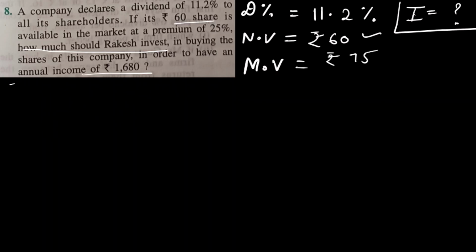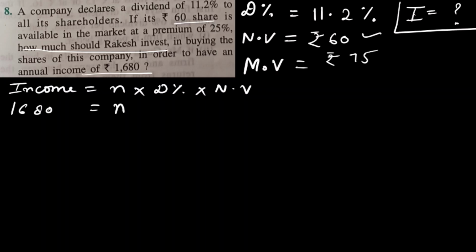Now I use this formula of income. Income is equal to number of shares into dividend percent into nominal value. Income is 1680. Number of shares we are finding here. So N into D, which is 11.2 by 100. Nominal value is 60. Here 10 I cancel with 10 and this decimal I remove.